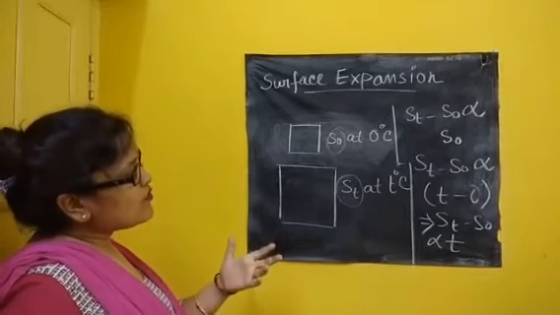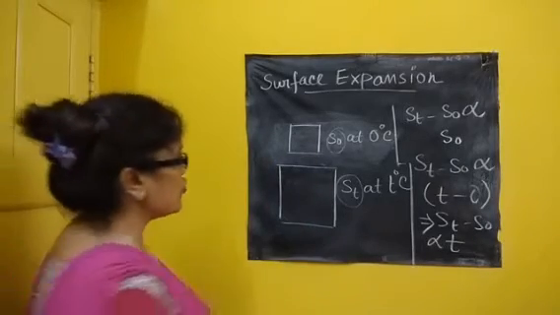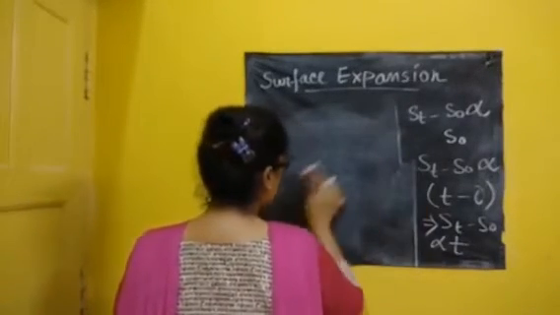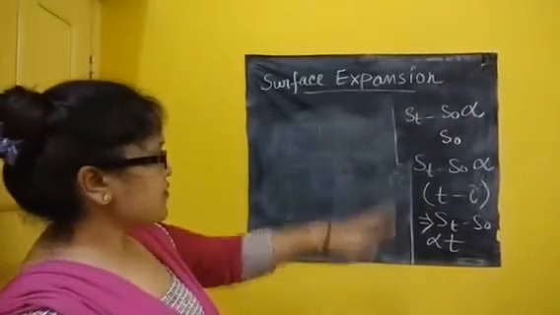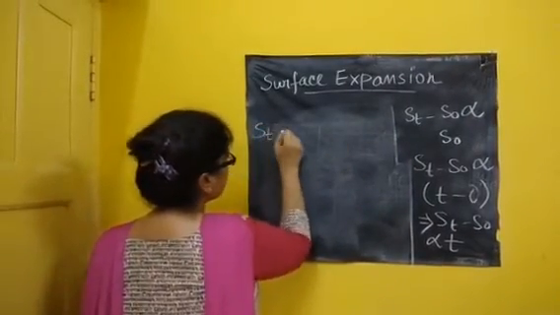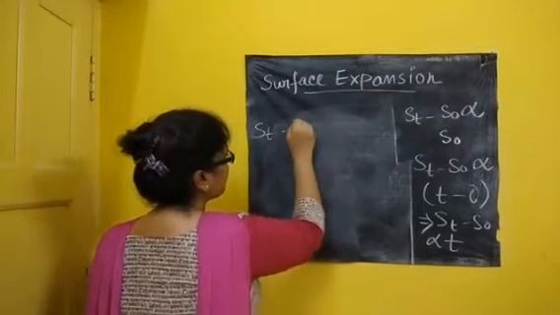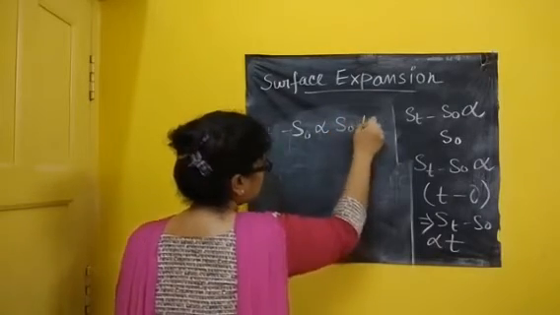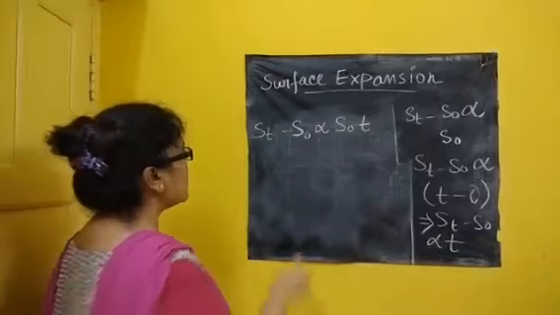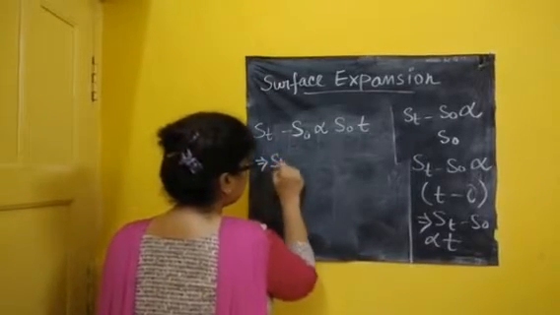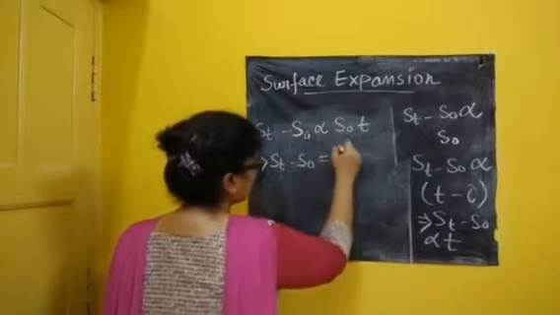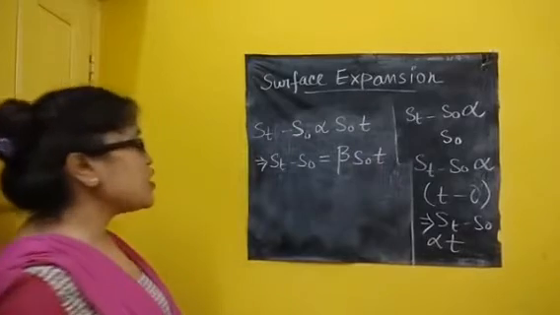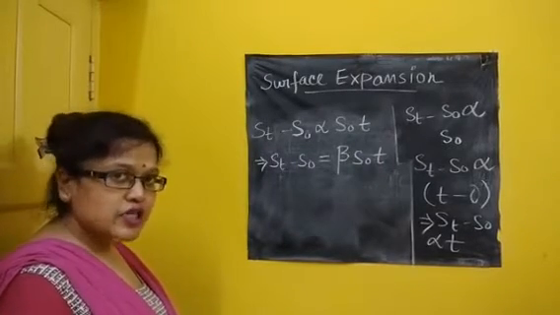So just like the previous one, from these two I can write St minus S0 is proportional to S0T. To eliminate this proportionality sign, I will write St minus S0 equal to beta S0T. That beta is nothing but the coefficient of superficial expansion.